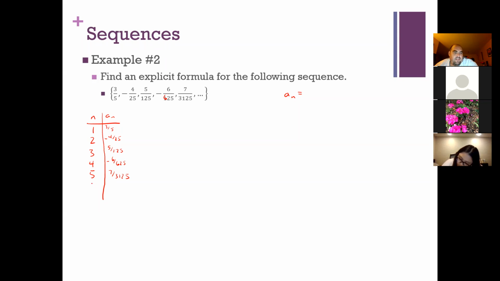And it might be helpful if we can do this. Do we know what the next term would be? 15,625. Yeah, I think that's the denominator. What's the numerator? -8.